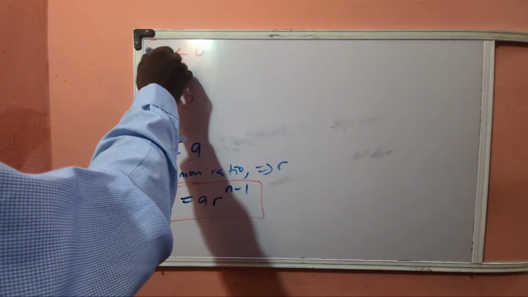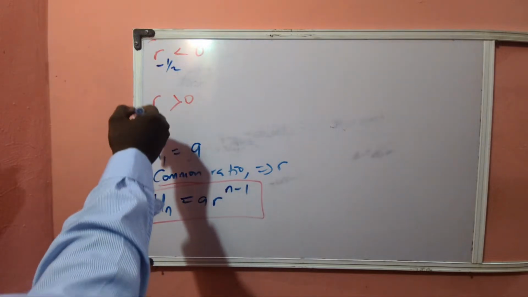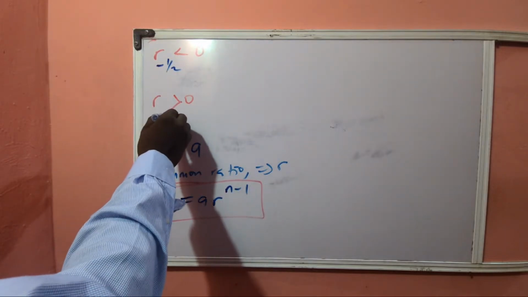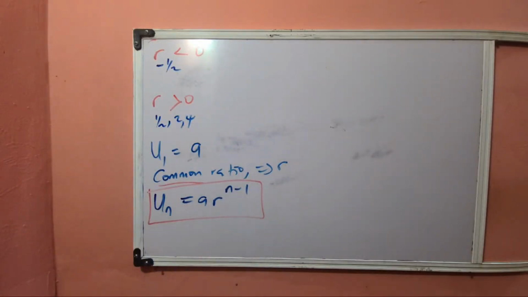For greater than 0, we can have situations like 1/2, 2, 4, and so on. It could be any number as long as it's greater than 0.